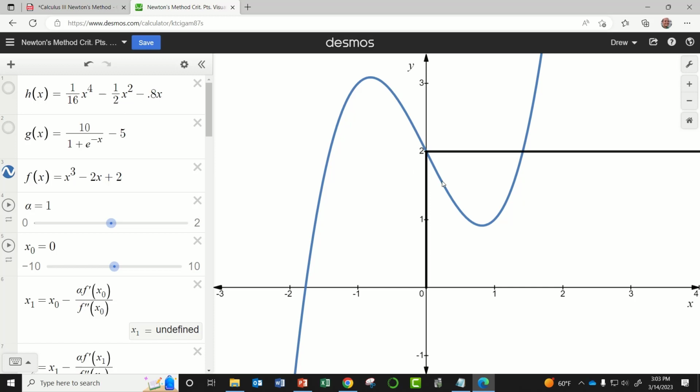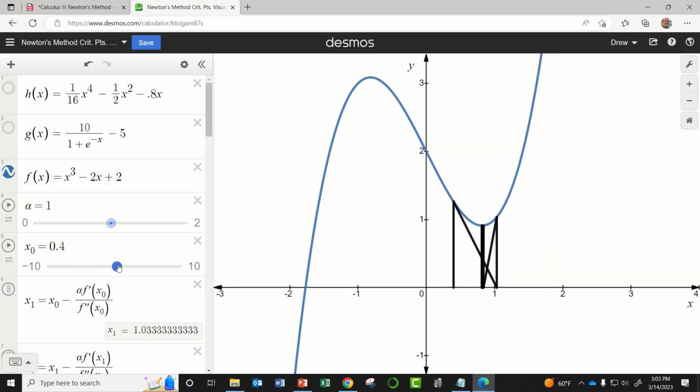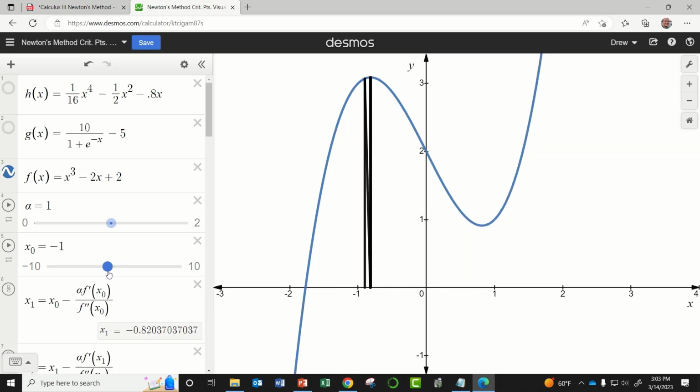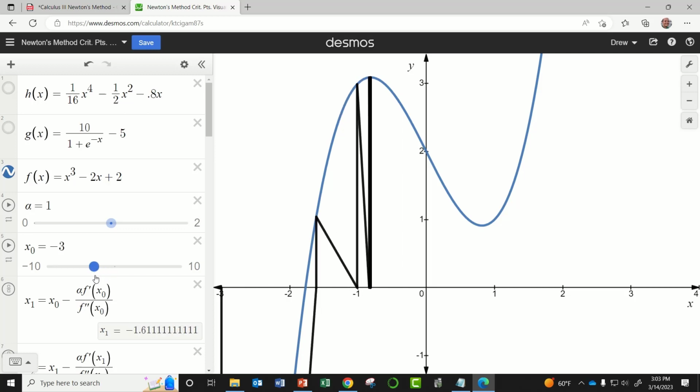I guess because the second derivative is 0 there, that must be an inflection point of this function. But if I take almost any other initial iterate, it very quickly finds that minimum. Or if I move over here to the left of that inflection point, then Newton's method also finds that critical point, that maximum of the function, really easily.